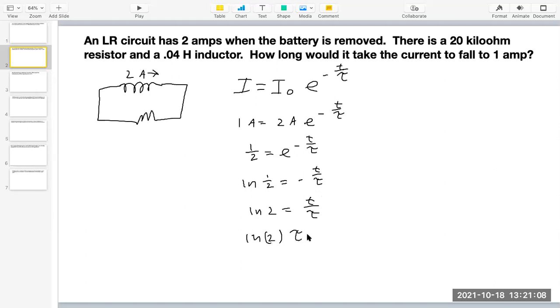So our time constant is equal to our inductance divided by our resistance.